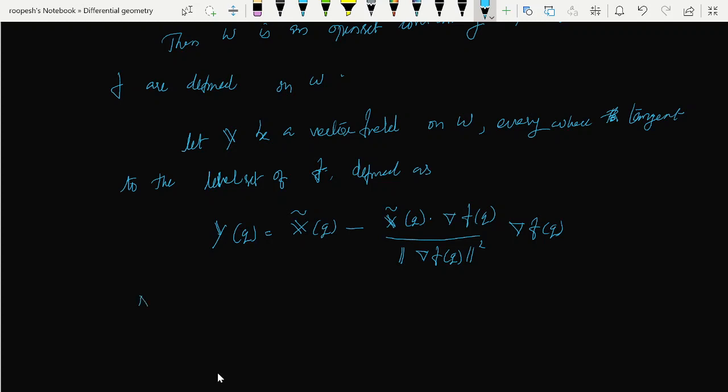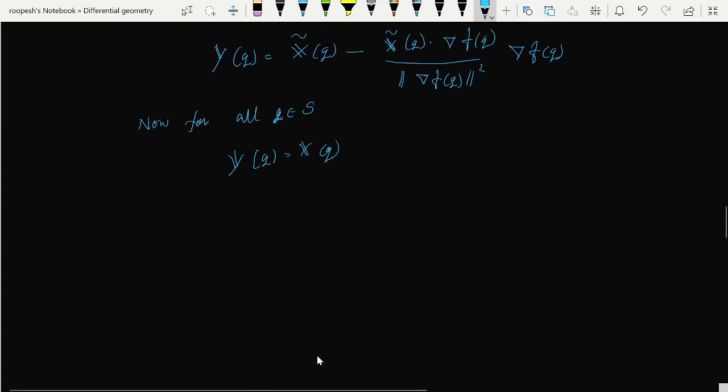Now for all q belongs to S, we are having Y of q is equal to X of q. Is it true? Just substitute for q belongs to S. What's the reason?